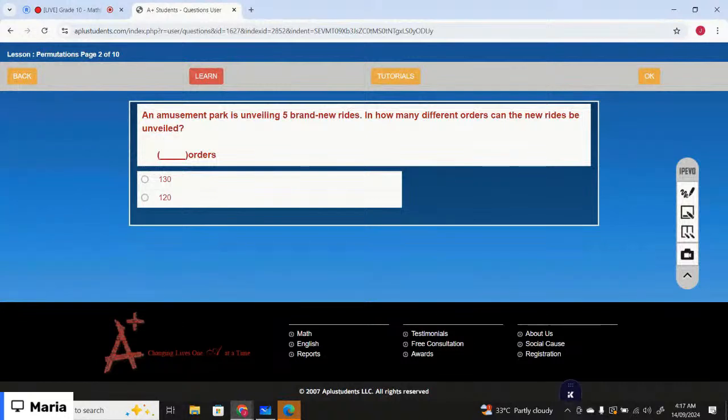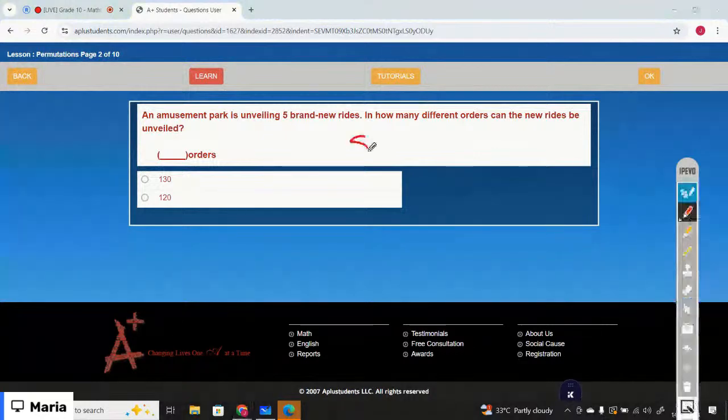An amusement park is unveiling 5 brand new rides. In how many different orders can the new rides be unveiled? So, which is the correct option? There are 5 rides. You have to do 5 factorial, right? That is 5 times 4 times 3 times 2 times 1.